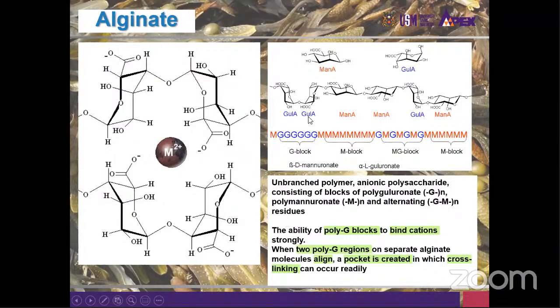These poly G blocks have the ability to bind cations strongly. When two poly G regions on separate alginate molecules align together, like here, a pocket is created in which cross-linking can occur readily that sequesters the metal ions.